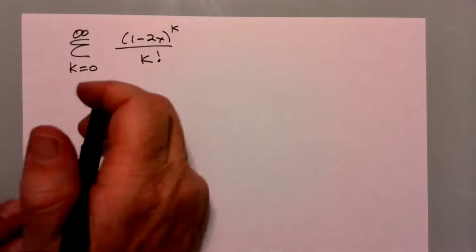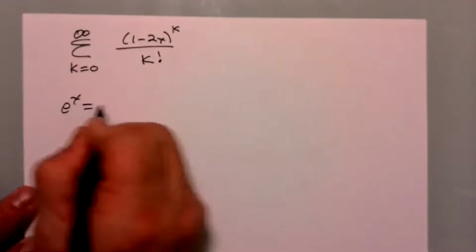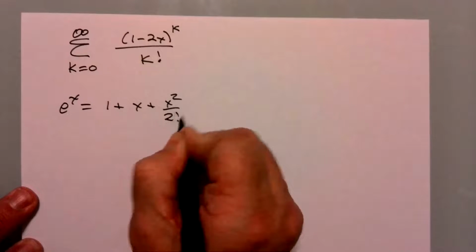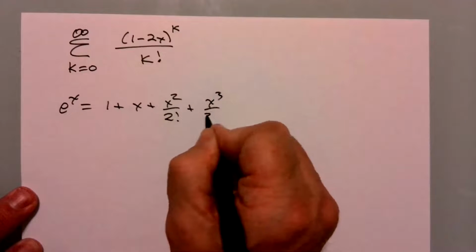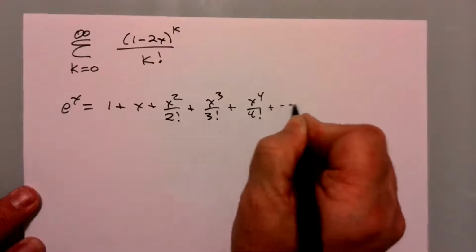So let's see if we can get someone to post an answer. The sum is k goes from 0 to infinity. Connor has an answer for me, and I like what I see. So here's how to do something like this, right? We're going to say e to the x is 1 plus x plus x squared over 2 factorial plus x cubed over 3 factorial plus x to the 4 over 4 factorial plus dot, dot, dot.